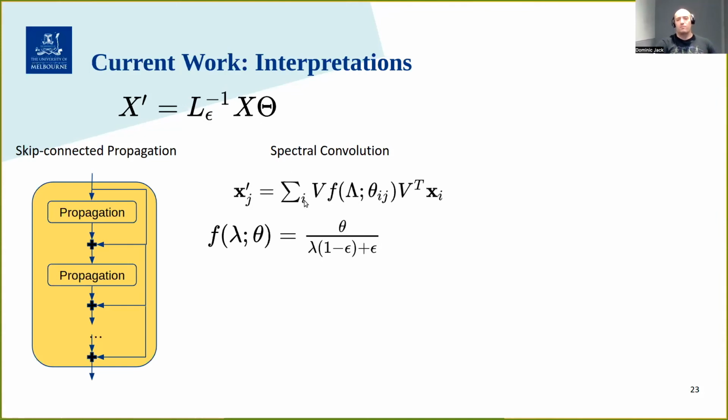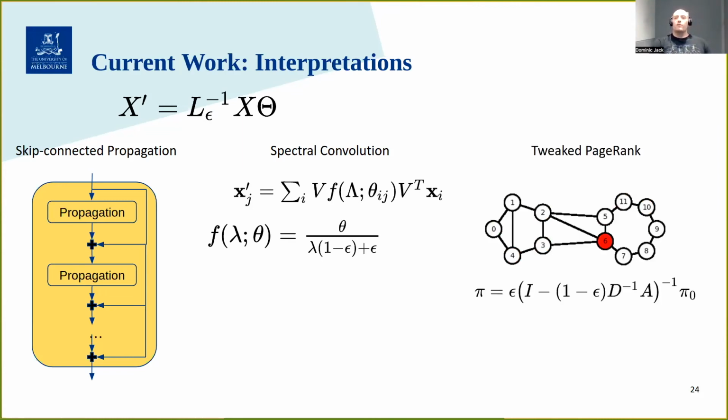Well, this is going to bump up the eigenvalues near 0 quite a bit, depending on how small epsilon is. And unlike our normal graph convolution, it's not going to also amplify the eigenvalues near 2, because 1 minus lambda will amplify those. But we just get nice decaying of eigenvalues that we don't care about.